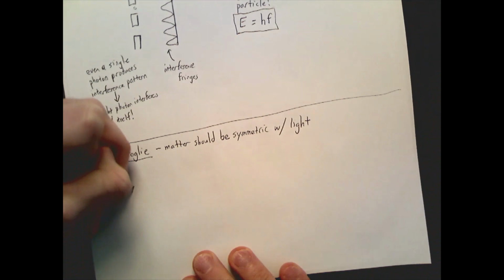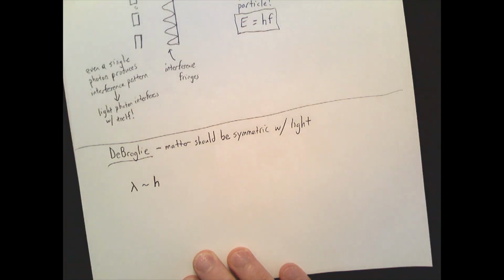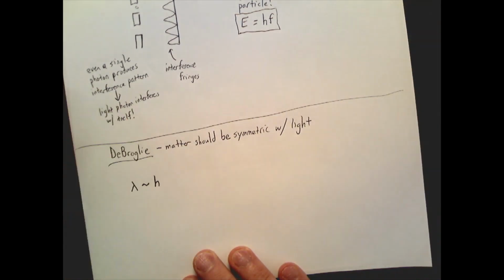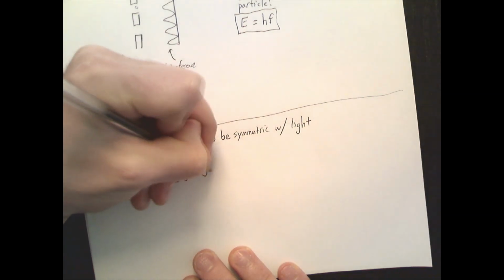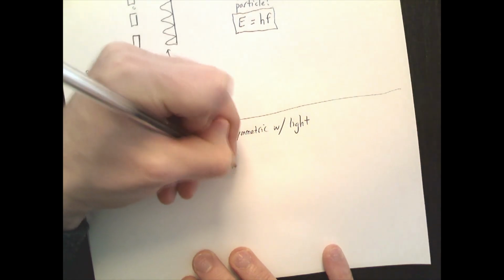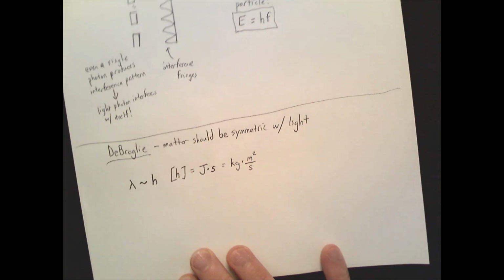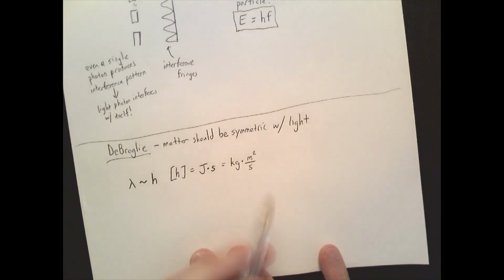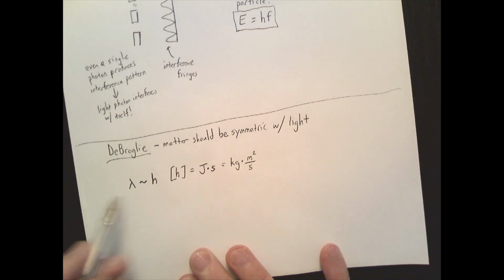He figured that the wavelength should be proportional to h, Planck's constant. And we knew that Planck's constant had units of angular momentum, joules multiplied by seconds, or in other words, a kilogram meter squared per second. So what could I do to change an angular momentum into a wavelength?